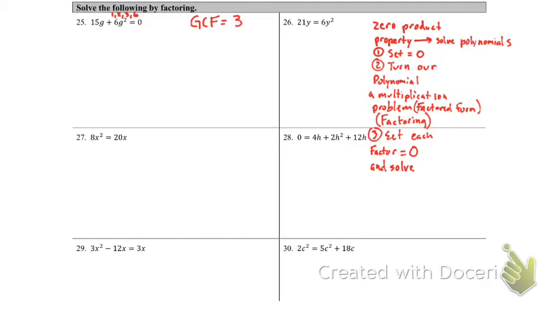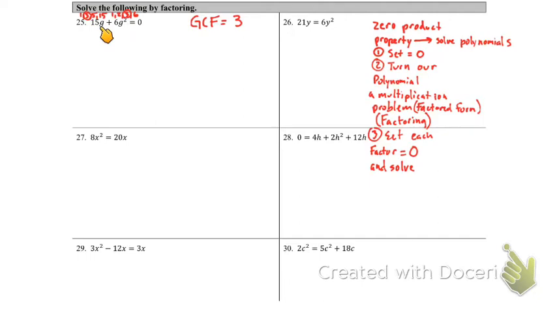Again, if you want to make the list for 15, you can. Your list would look like this: 1, 3, 5, 15, and you'll notice 3 and 3 are the common factors. Okay, so we took care of the number GCF.